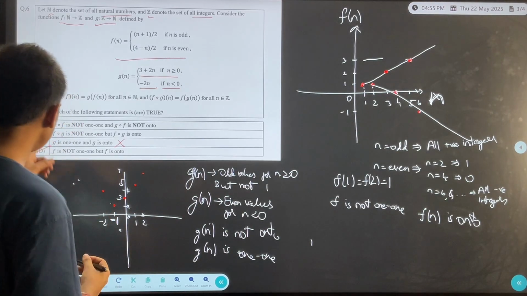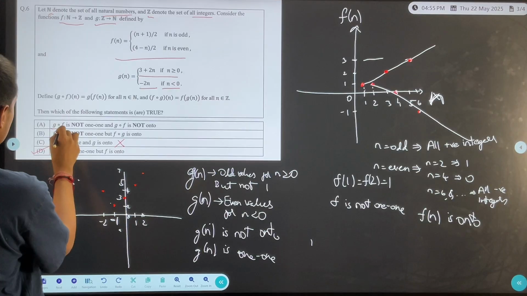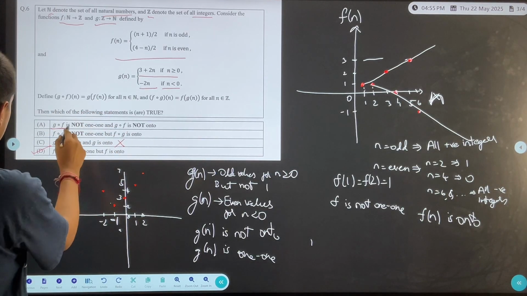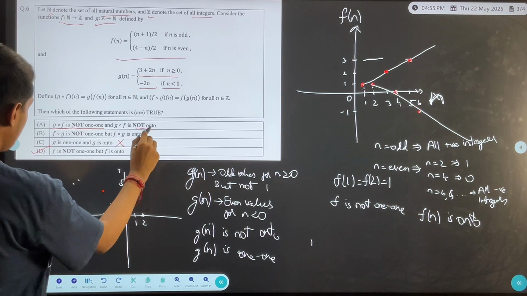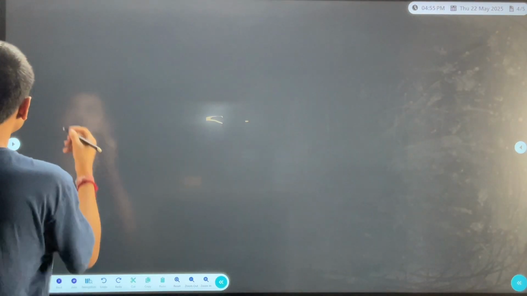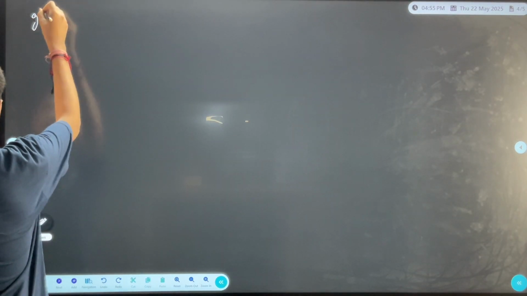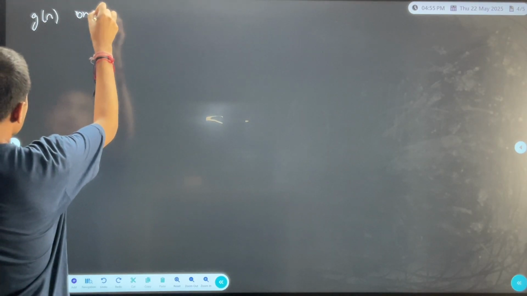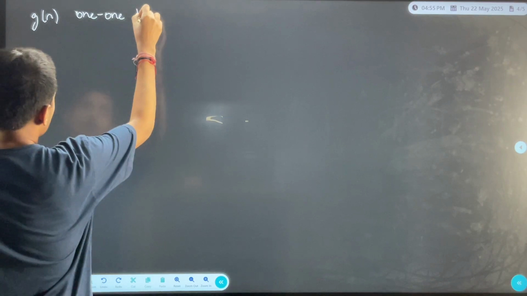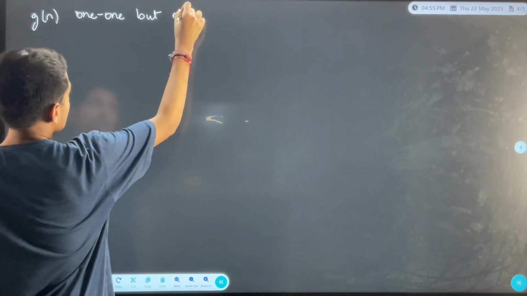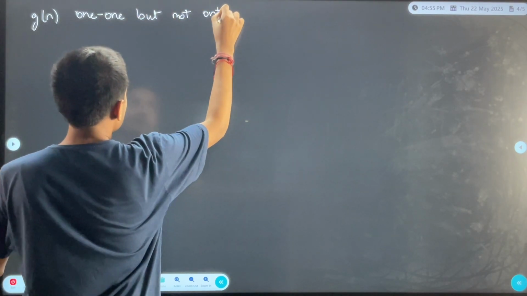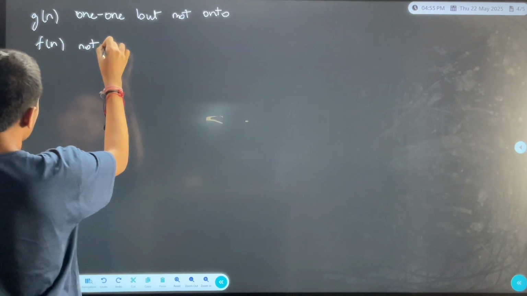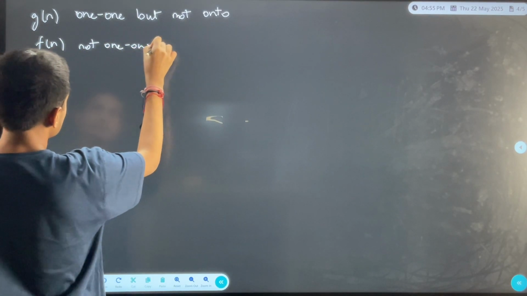Alright, now let's move on to the first option, which says g of f, that is g composition f, or g of f of n, is not 1-1 and not onto. So we have g of n as 1-1 but not onto, and we have f of n as not 1-1 but onto.